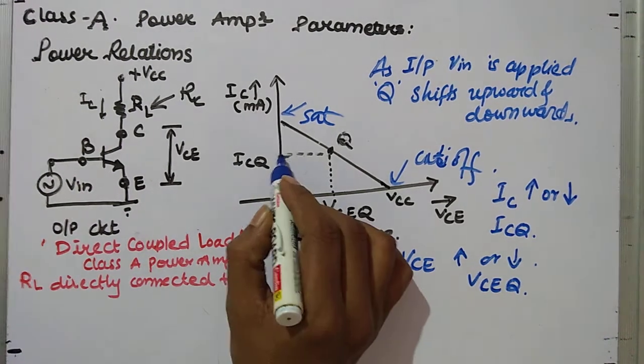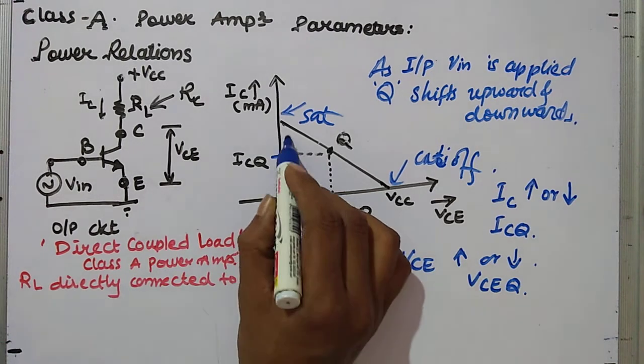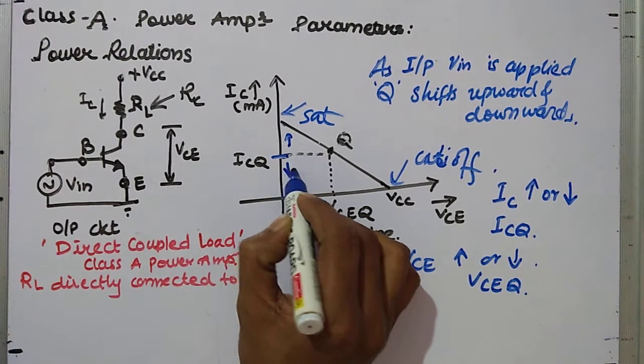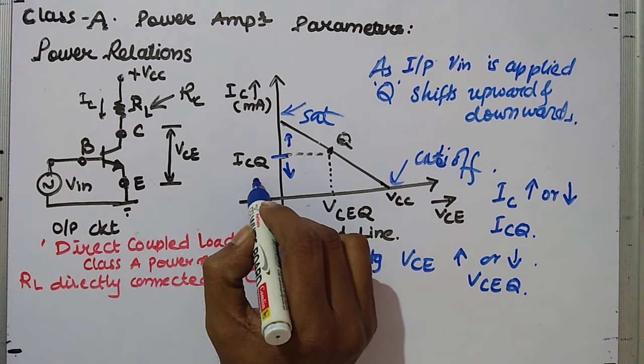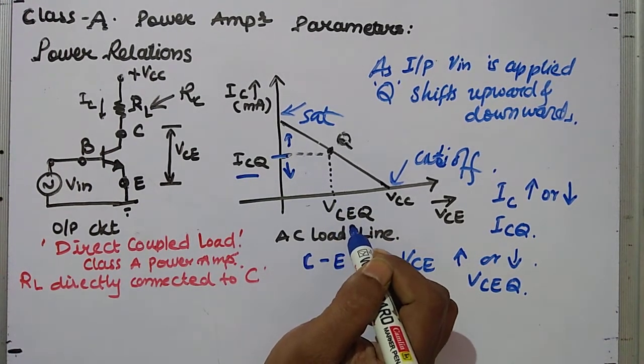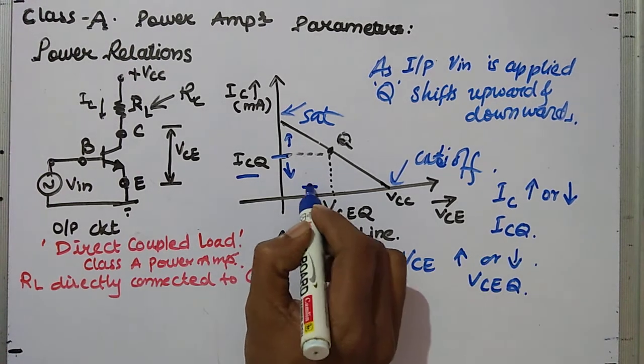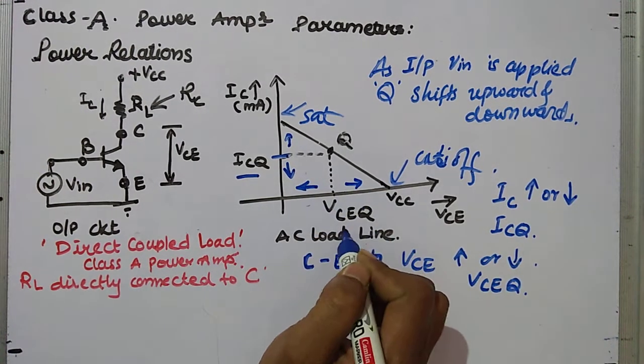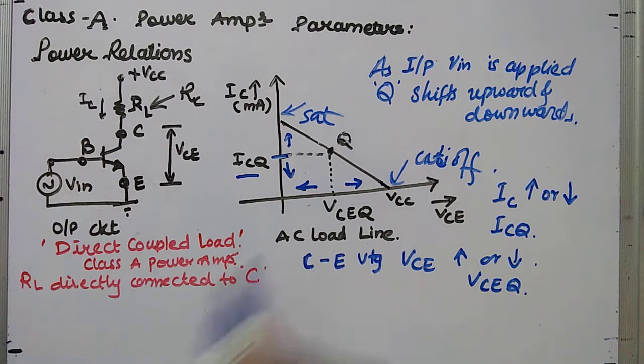Collector current is moving up and down from its operating point ICQ, and VCE is shifting left and right from its operating point VCEQ, and hence the output voltage and current are varying.